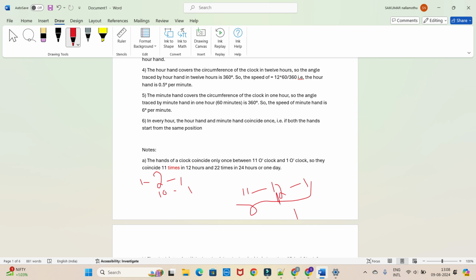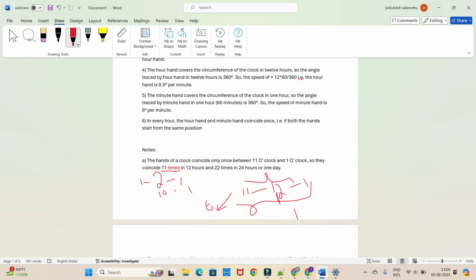That's the reason that in these 2 hours it's one, and in the remaining hours it coincides once each, so 10 times. Generally, that's the reason that in 12 hours it coincides 11 times.